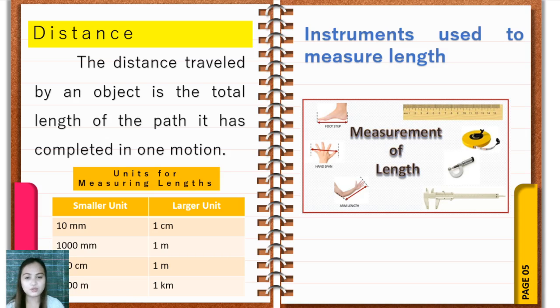You can also see in the table below the smaller unit and the larger unit. When we measure a smaller unit, we will use millimeter, centimeter, and meter. When we measure larger units, we use centimeter, meter, or kilometers.